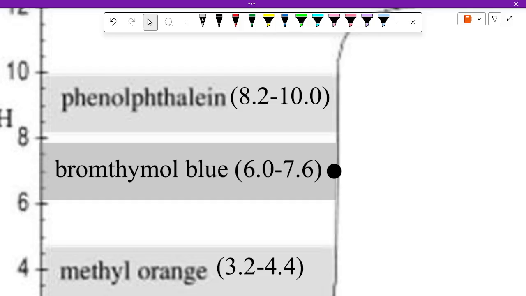Why is it still okay to use phenolphthalein? How much NaOH do you have to drip in to get from pH 7 to pH 9? How much volume does it take? Hardly anything. Maybe half a drop? Maybe not even that.